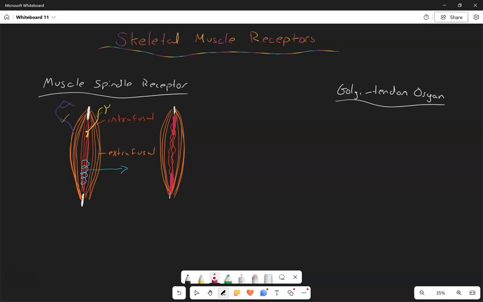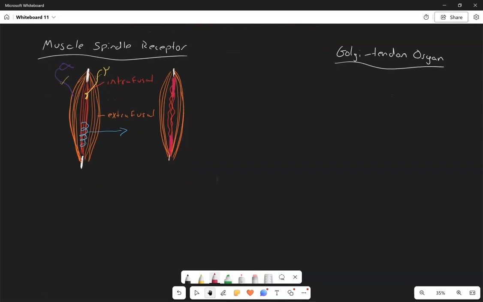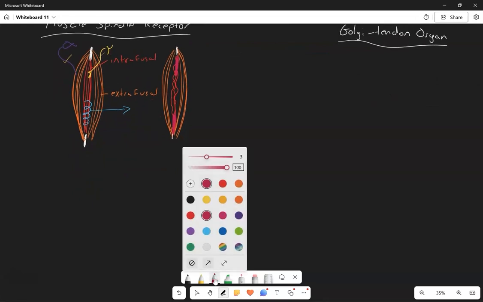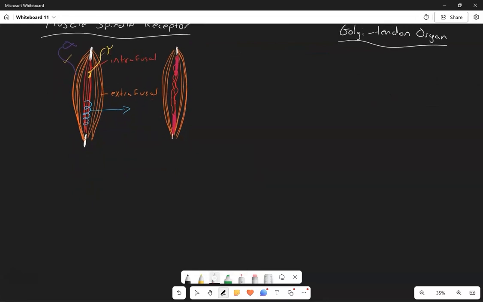Now, the other thing that happens is when this gets sent to the central nervous system, imagine that you have a bone and a bone, right? So this is your joint. And we have a muscle that runs like this. This is our muscle, right?